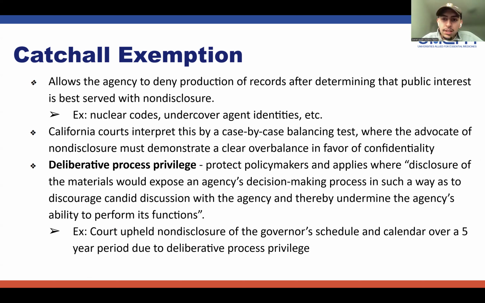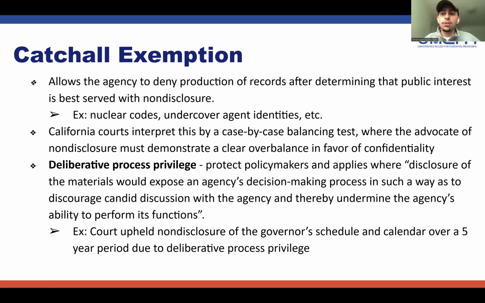But California courts do interpret this as a case by case type of thing because it is very subjective. Who's to say what the public interest really is and how it benefits from what, right? So the courts will identify and interpret this on a case by case basis, whereas the advocate of non-disclosure, so in this case the university, right? Whoever doesn't want to disclose documents, that advocate must demonstrate a clear overbalance in favor of confidentiality.